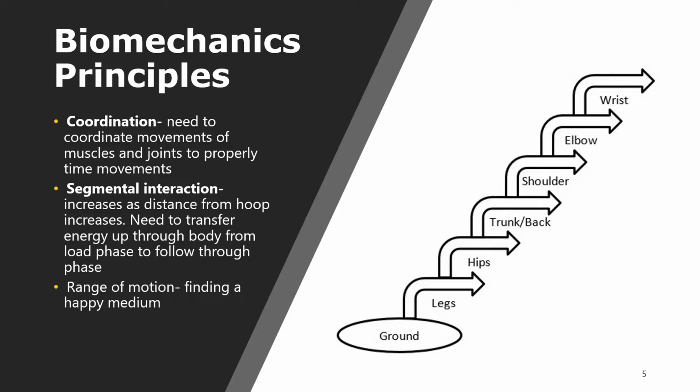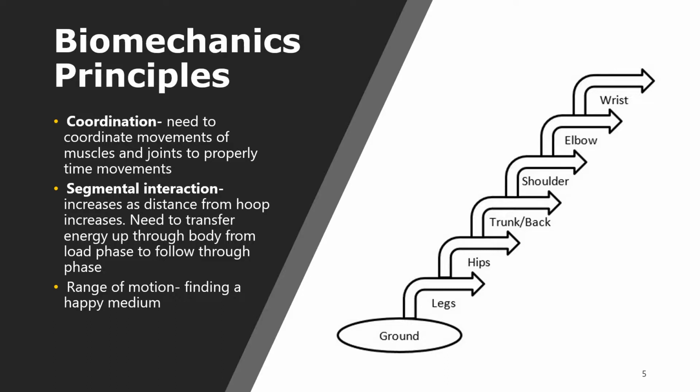The first one we had come up with was coordination. You need to coordinate movements of your muscles and joints to have the proper velocity in order to make the free throw. You really have to coordinate the muscle actions and have the proper timing for your shot.